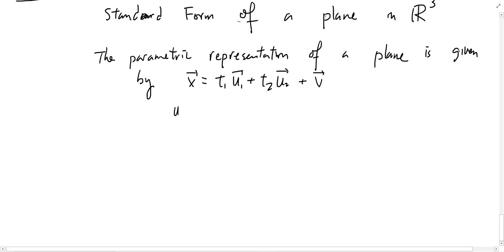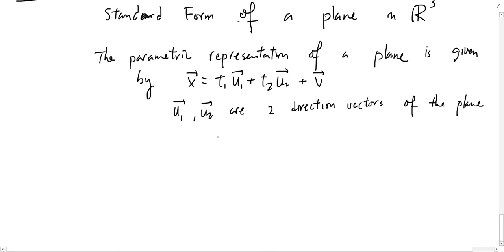In this expression right here, vectors u1 and u2 are basically two direction vectors of the plane, and vector v is any one point on the plane.